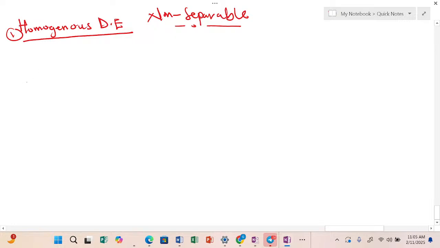So a differential equation is said to be homogeneous when we have this expression, the function f of lambda x, comma, lambda y is equal to a common expression where we have lambda to the power n multiplying f of x, y.